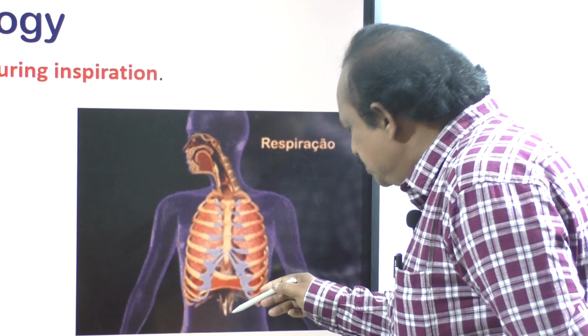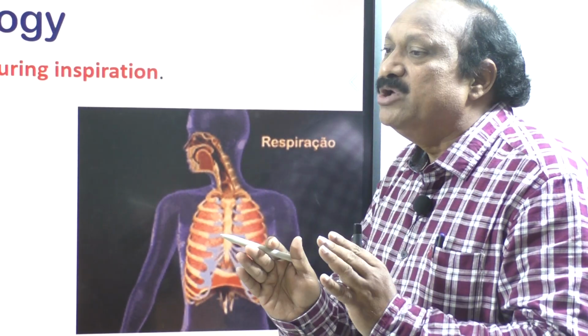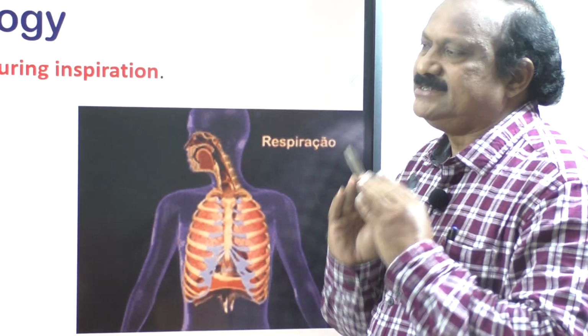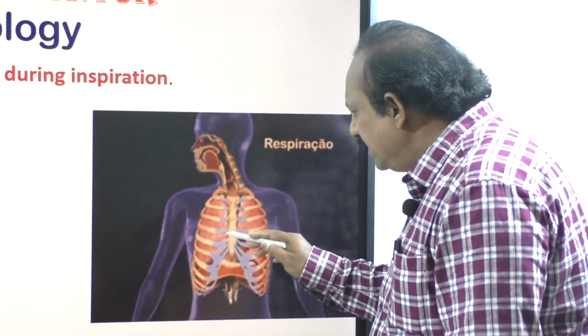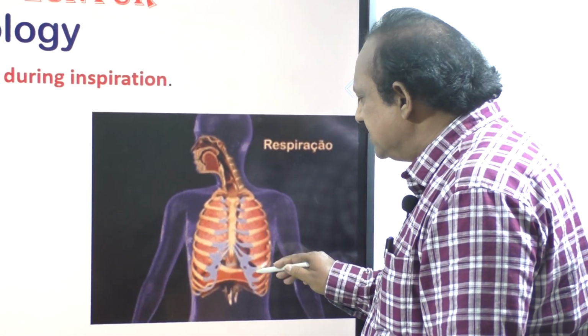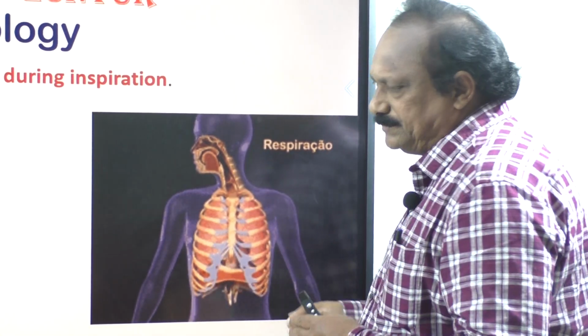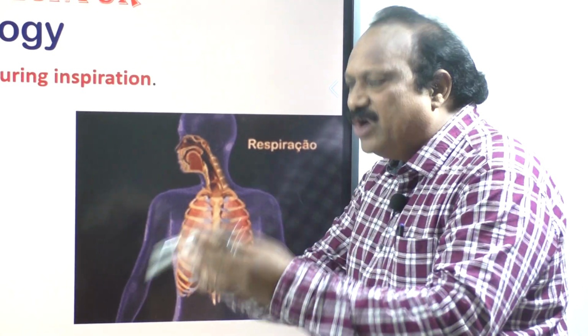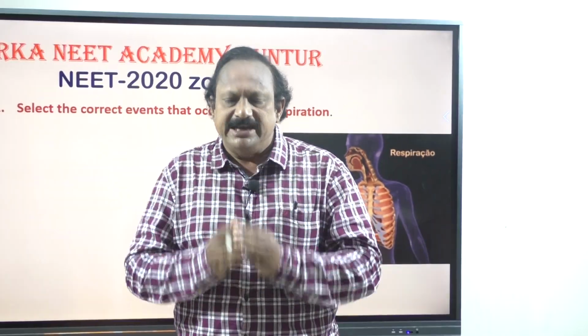When the diaphragm moves down, the pulmonary volume increases, hence the intrapulmonary pressure decreases. In the same way, when the external intercostal muscles contract, the sternum and ribs move forward so that the pulmonary volume increases and the intrapulmonary pressure decreases.